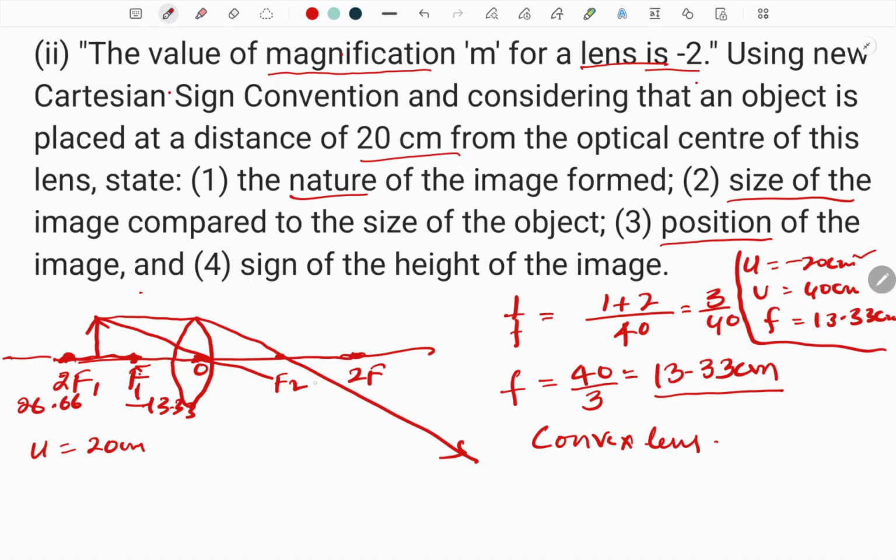If you see this one, this line is intersecting somewhere here. This is the intersection point. This is the place where the image is formed.